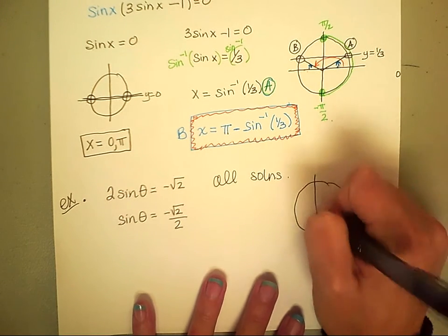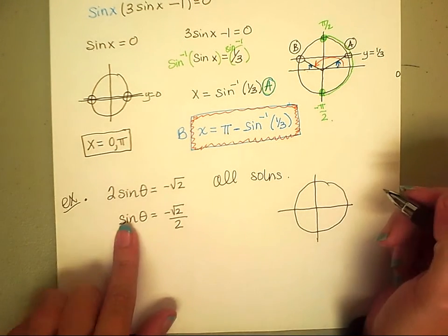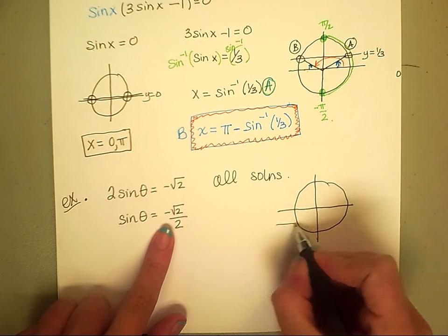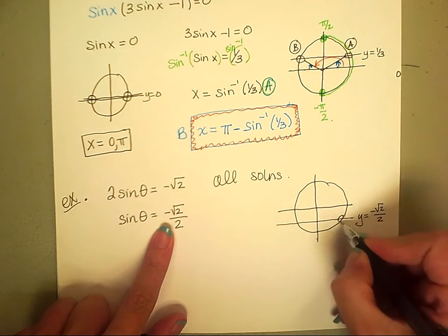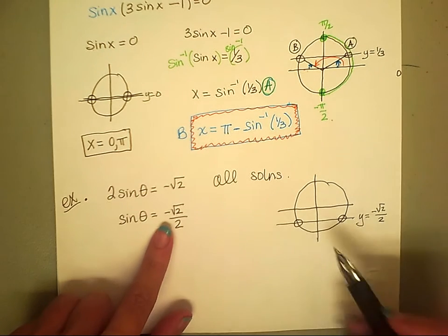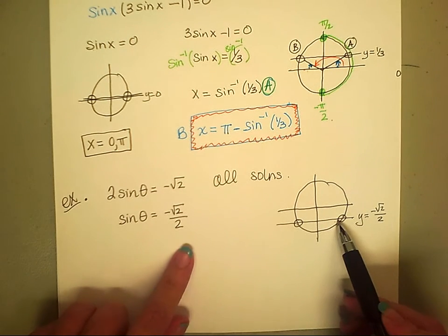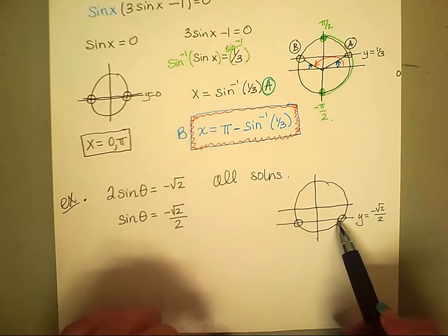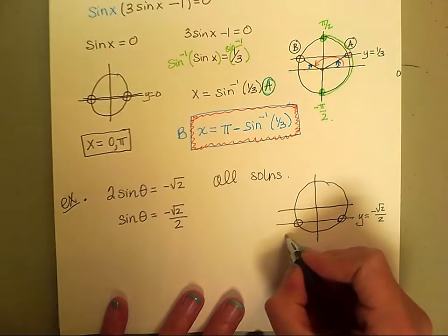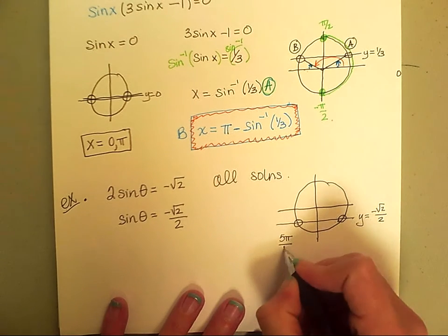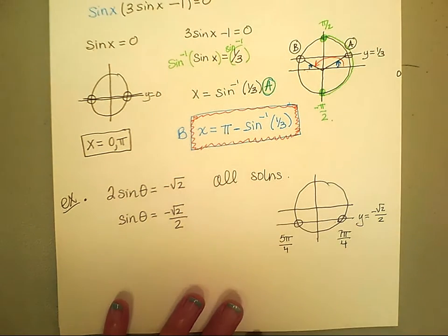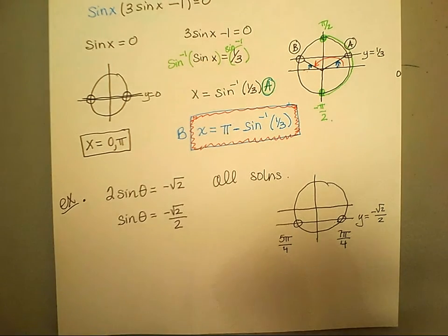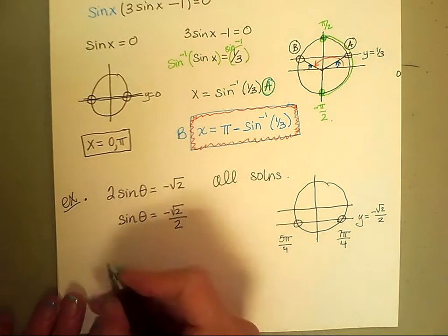So let's find out where on the unit circle that falls. Now the sine is the y values. I want them to be negative root 2 over 2, so it cuts the circle in 2 different places. So these are the 2 angles that I'm concerned about. And the angle that happens here is at 5 pi over 4, and this angle is 7 pi over 4. We know this just from using the unit circle.